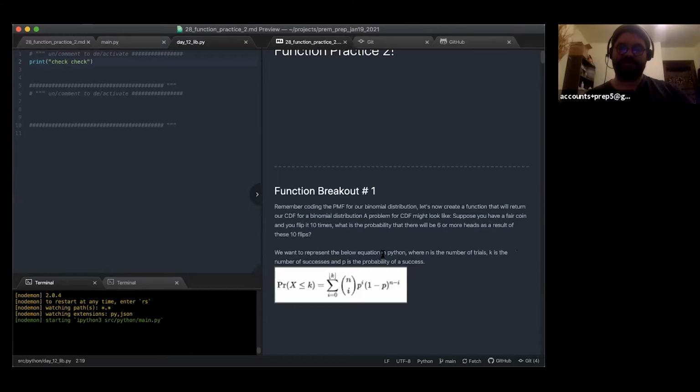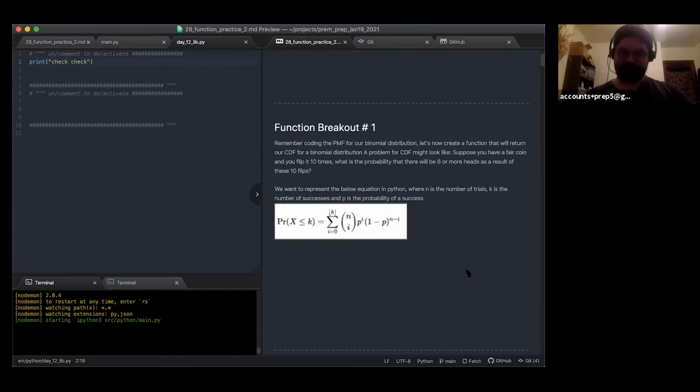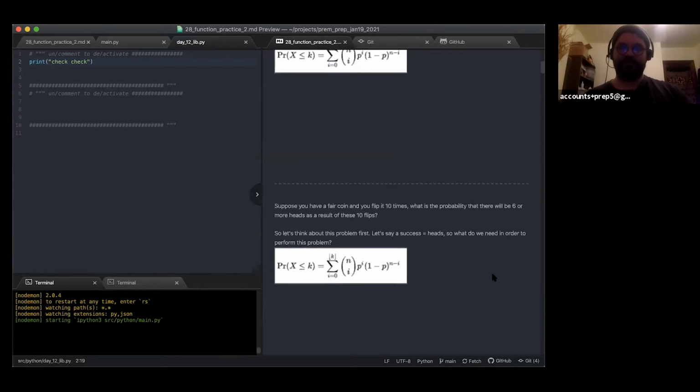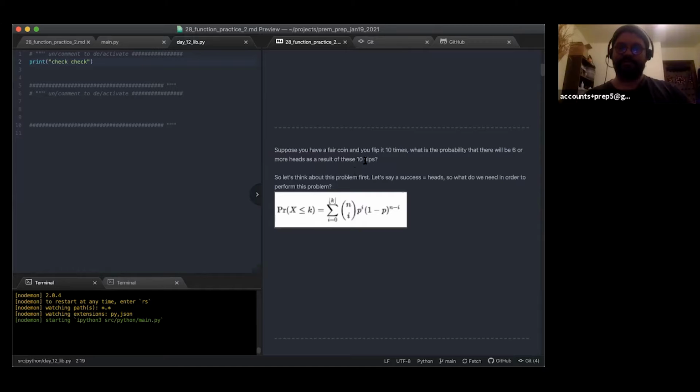So we want to represent the below equation in Python, where n is the number of trials, k is the number of successes, and p is the probability of success in each trial. So your fair coin, you flip 10 times, what's the probability that there will be 6 or more heads as a result of these 10 flips?